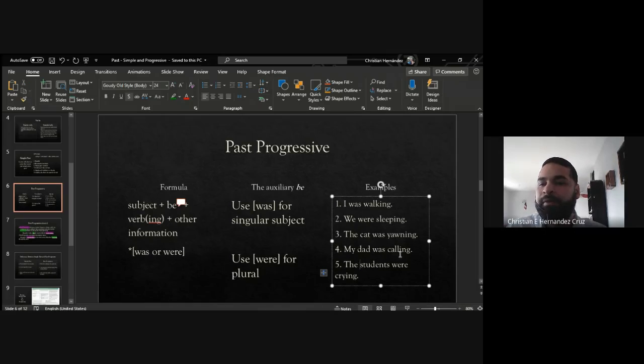My dad was calling. That one's simple enough as well. And the students were crying. I don't know why you're crying, but you just were. So yes, you can tell I was is singular. The cat was singular. My dad was singular. We were plural, and the students were, which is also plural. And all these verbs end with ing.